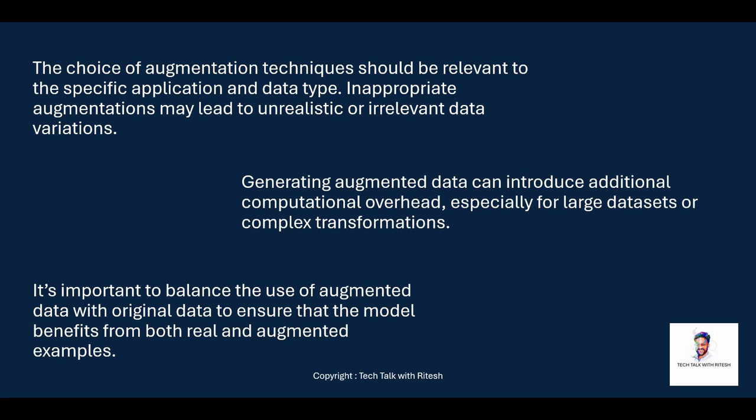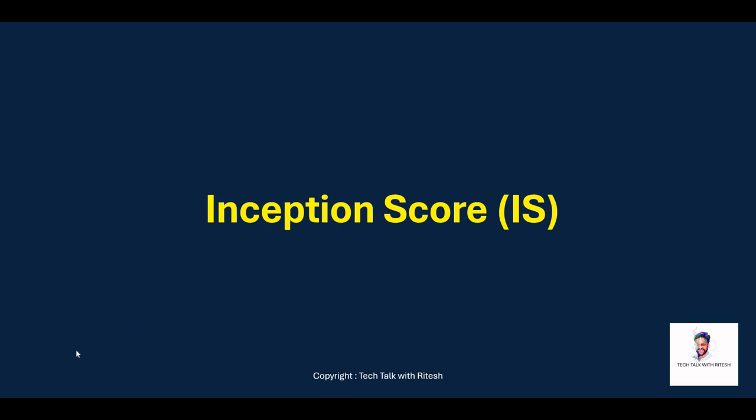It's important to balance the use of augmented data with original data to ensure that the model benefits from both real and augmented examples. It should not be like you have created so much augmented data and the real data is very little, and the augmented data is not even matching the real data, and your model is trained on wrong data. Let's see this terminology called inception score.